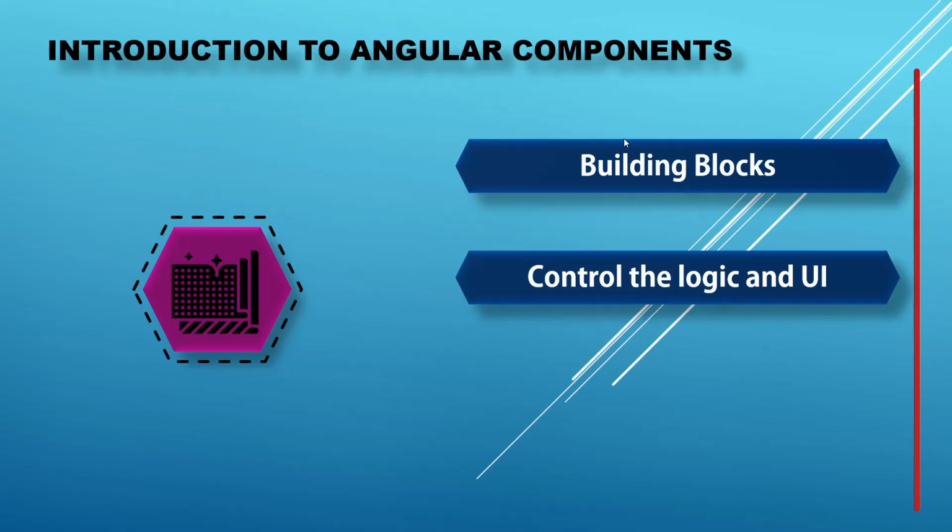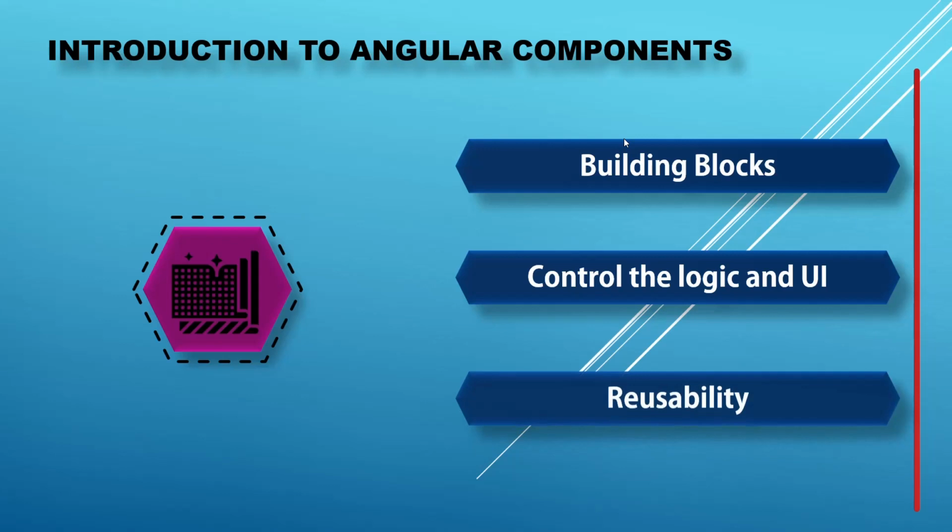So both things are contained in the component, and then we can reuse that component whenever it is required. We no need to create it again and again. Whenever it is required, we can directly use it. So reusability is also one of the important things for components.